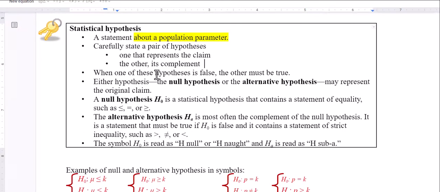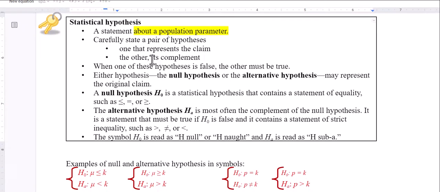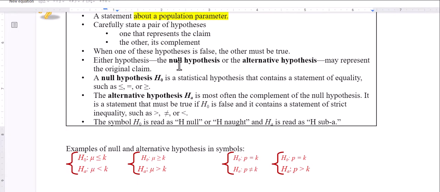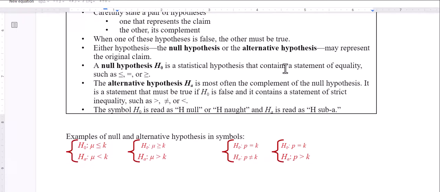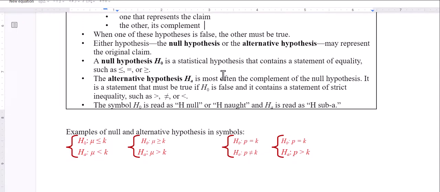Carefully state a pair of hypotheses, one that represents the claim, the other is its complement, most often. So when one of these hypotheses is false, the other must be true. Either hypothesis, the null or the alternative, may represent the original claim. So it's not necessarily that the alternative hypothesis is always the claim, but it's very likely that the alternative is the claim.